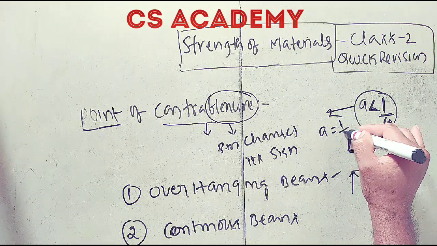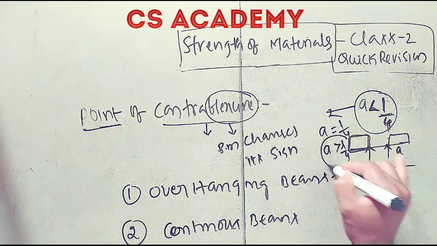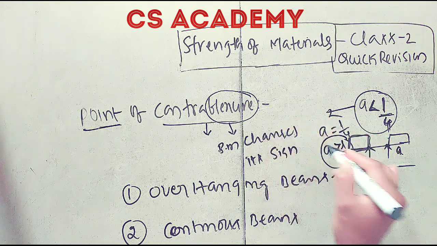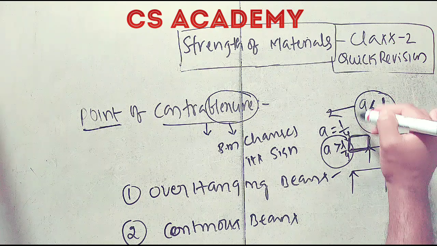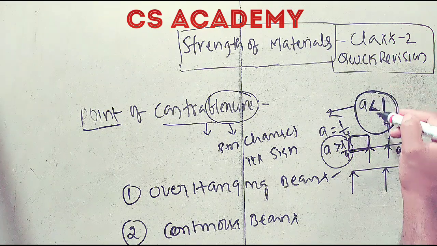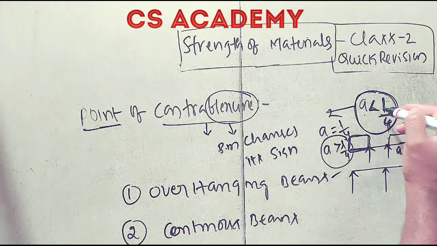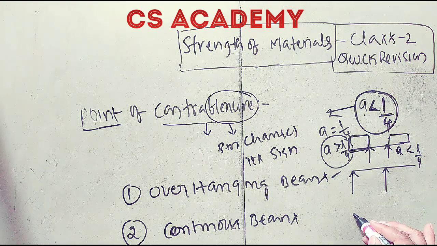If you maintain L by 4 or greater than L by 4, no point of contraflexure happens, and the bending moment does not change sign. Whenever the distance a is less than L by 4, only in that case does the point of contraflexure happen.